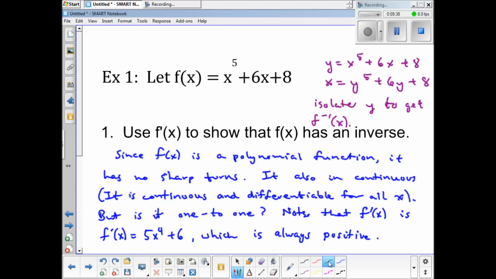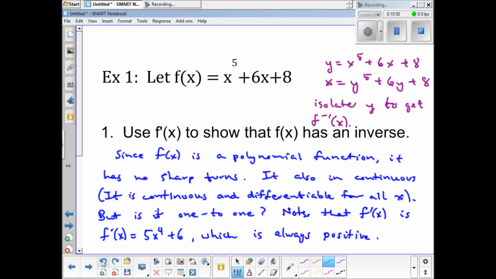The idea is that if you take any value of x and take the fourth power, it produces a positive output. Actually, x to the fourth could come out to 0, but multiplying it by 5, we still get something 0 or larger. Adding the 6 on just makes it positive.